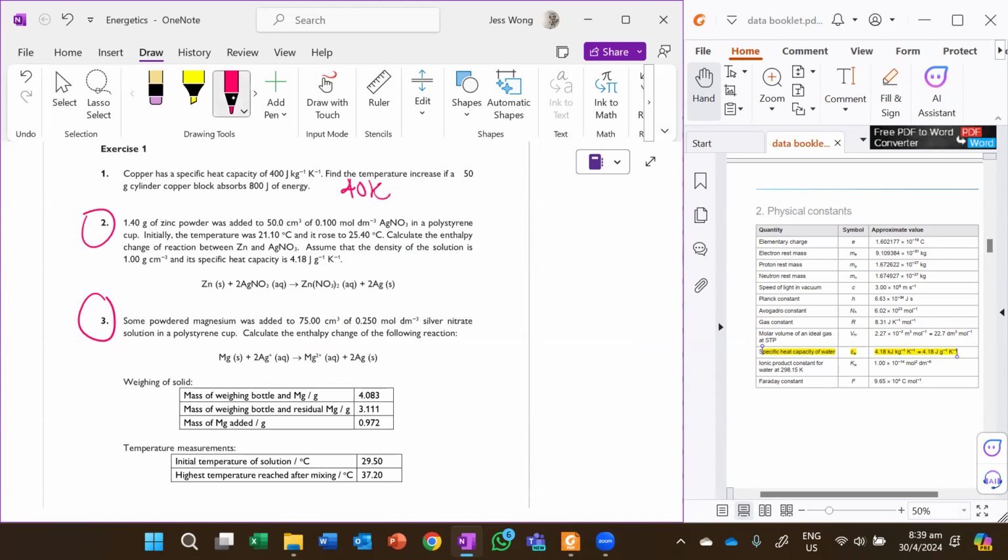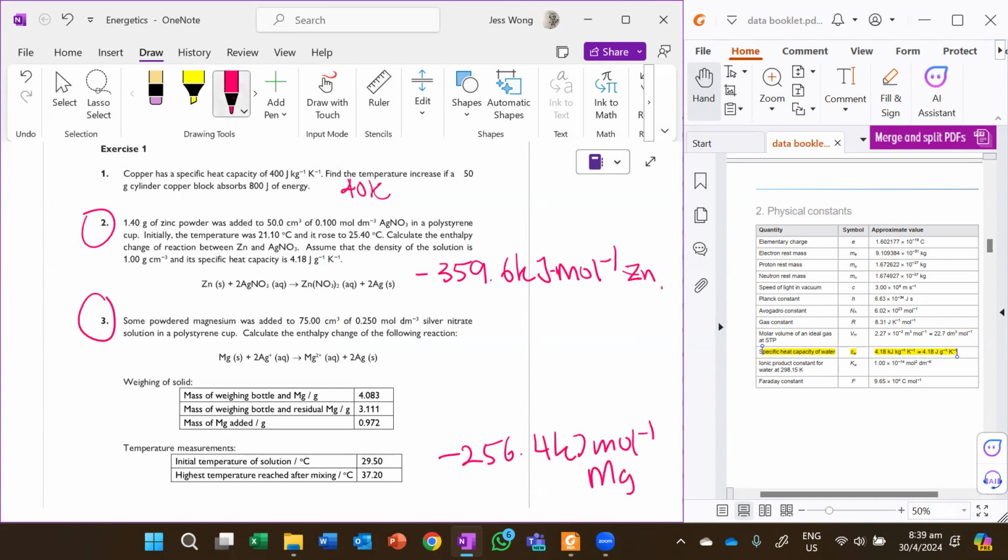The numerical value for the second question is roughly minus 359.6 kilojoules per mole. The answer for question 3 is per mole of zinc. And the next question is about minus 256.4 kilojoules per mole of magnesium.